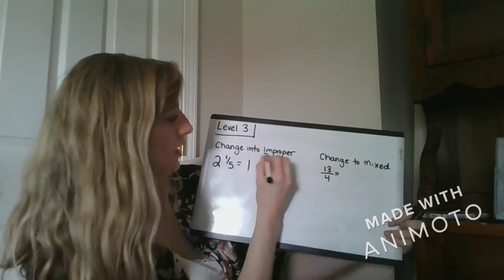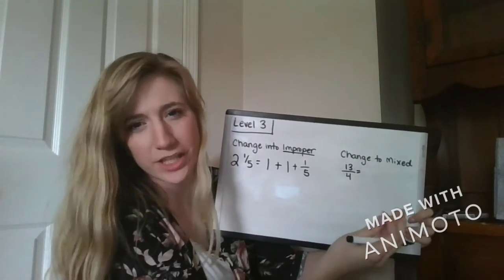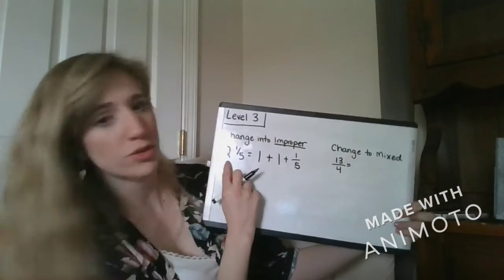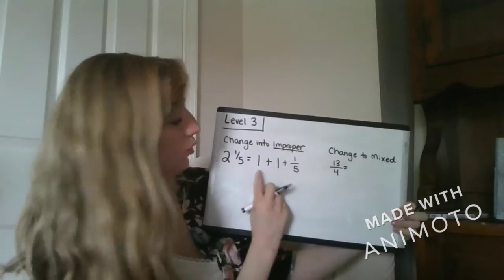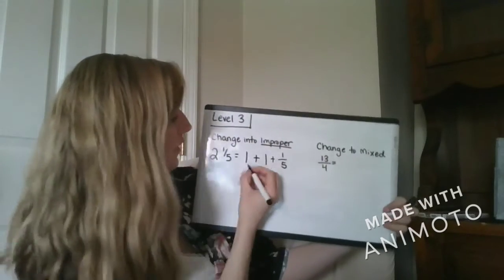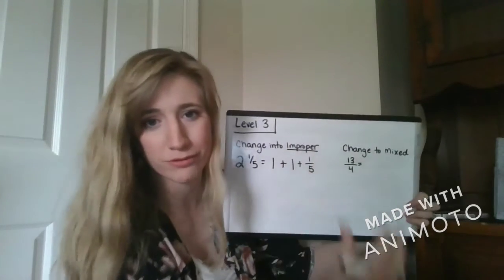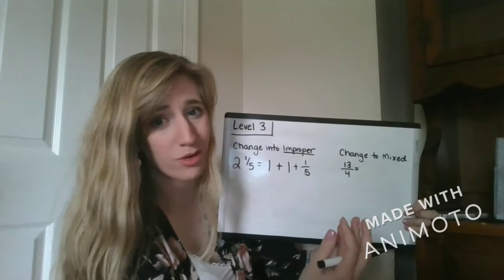Alright, so this one right here, I need to change this into an improper fraction, which basically just means I want to know how many total fifths do I have here. So I had 2 whole values and 1/5. So I broke that 2 into 1 plus 1, because that's 2, and then I still have that 1/5 left over. Now I gotta change each of these ones back into a fraction. Well, you should be thinking in your head, how many fifths make 1 whole?